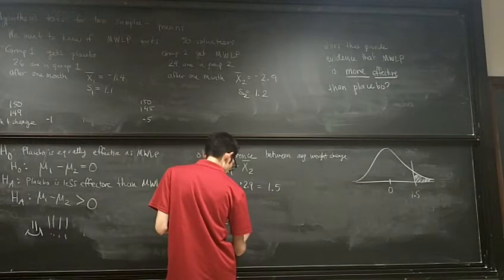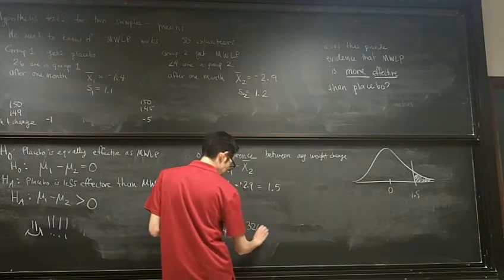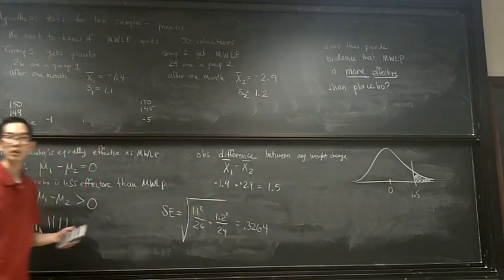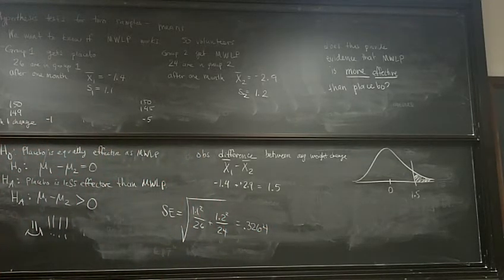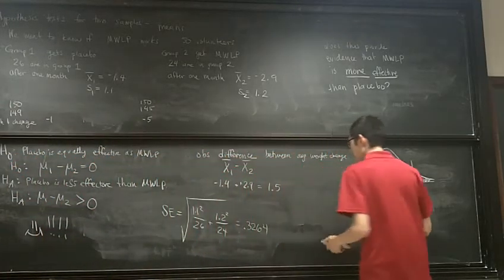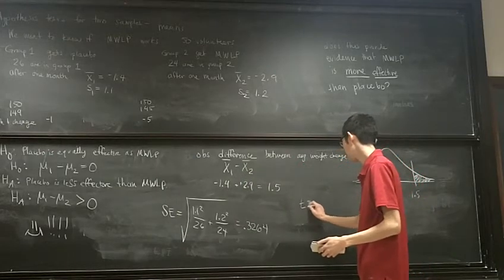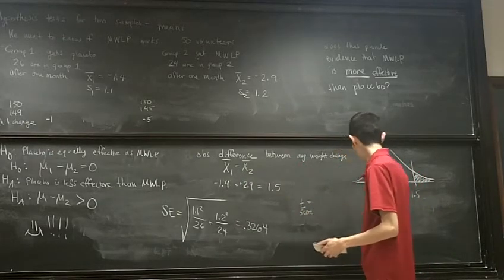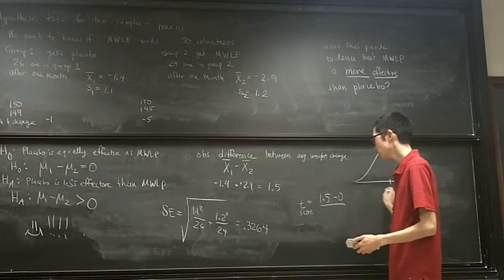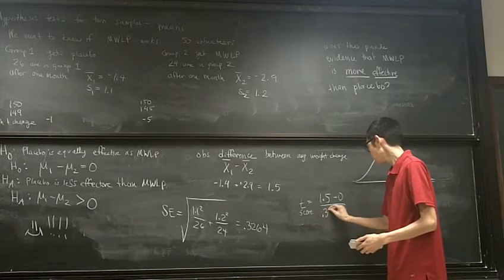0.326. So we've got 0.3264. Okay, so my t-score is equal to 1.5 minus the mean of 0 divided by 0.3264.